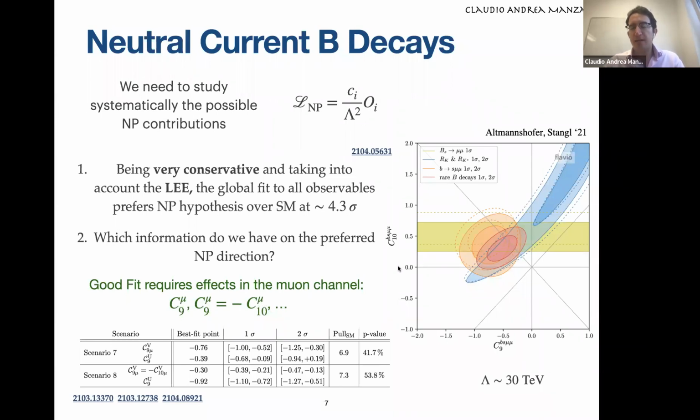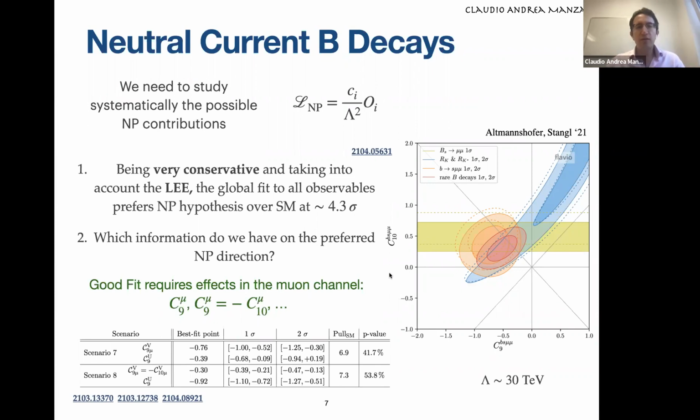Here in the plot on the right, I would like to show you just a representative fit performed by Altmanhofer and Stangl, where you have the contribution to C9 and C10 only in the muon channel, so lepton flavor universality violating contributions, and you can see that the best fit point excludes, let's say, the standard model hypothesis by many sigmas. Here, the standard model is shown by the 0 point.